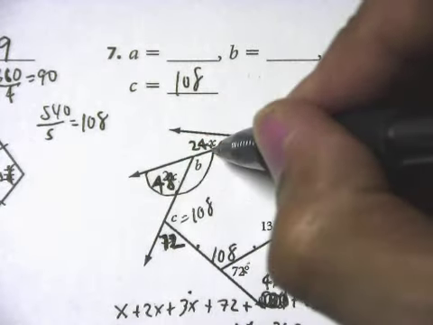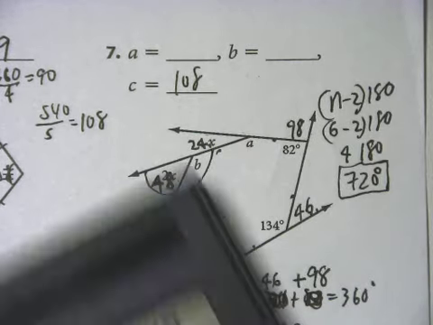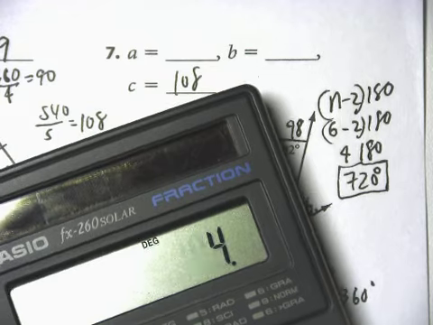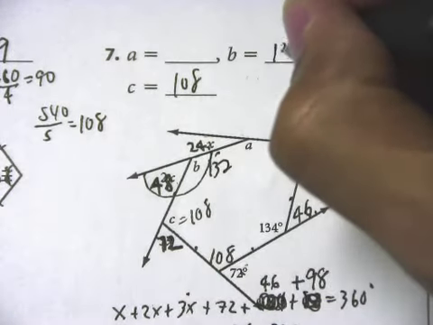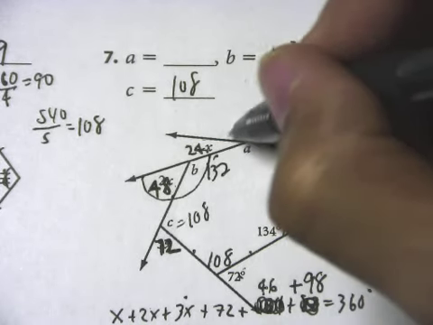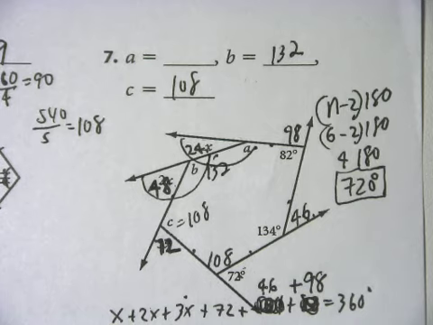Well, you know what? Let's do this one first. This one seems a little bit easier. I know that these are a linear pair. So 180 minus 72 will give me C. So this is going to be 108. I know that these are a linear pair.